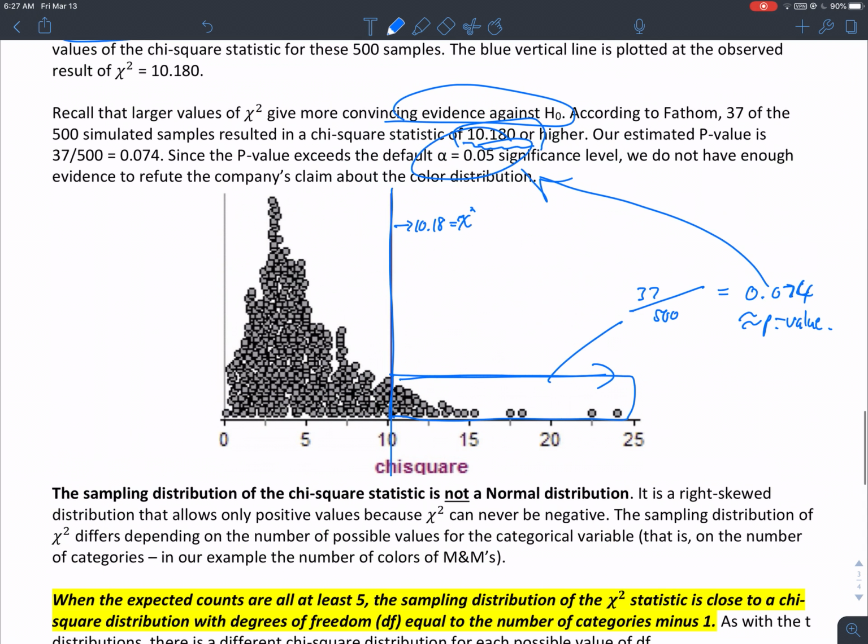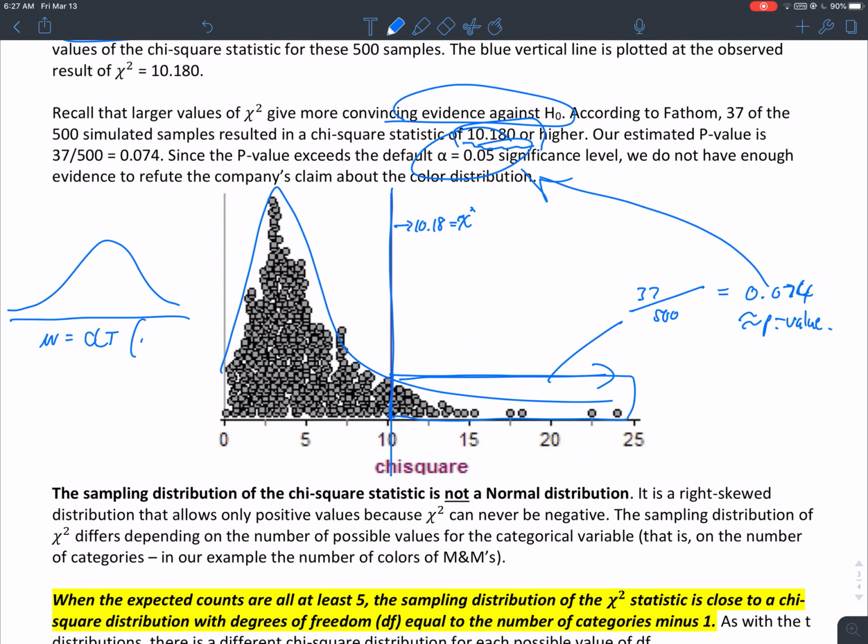Now, this is great. There's a distribution. So, you remember that for normality, we have a normal condition to confirm that the distribution is approximately normal, and that is for means. We have the CLT.